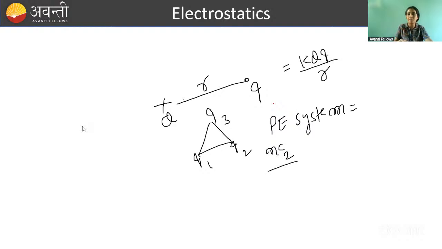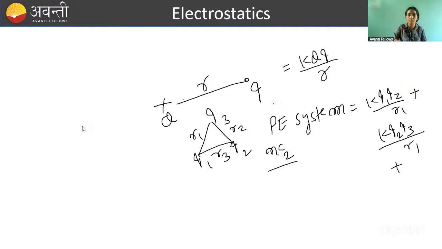So for three charges there will be three pairs basically, and if it is r1, r2, r3, we will write potential energy like k q1 q2 by r1 plus k q2 q3 by r2 plus k q1 q3 by r3. So this is this, है ना. कल के क्लास में हमने ये चीजें पढ़ा है.